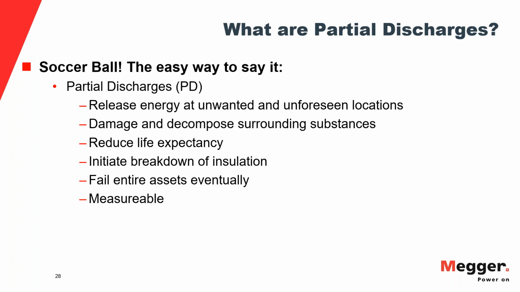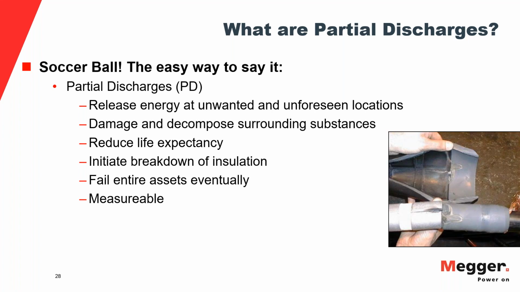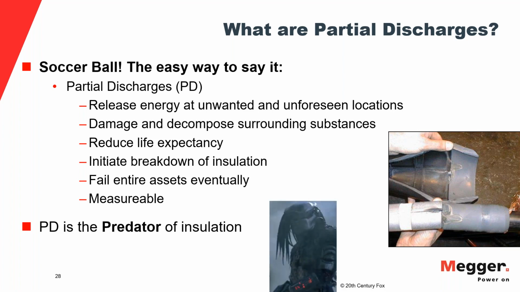It initiates breakdowns in the insulation until the asset completely fails, and then you have a cable fault. And thank God it's measurable. Otherwise, this would be a very academic topic if we couldn't measure it, right? So the key here is that for field testing, it is measurable. And so you can pretty much summarize that partial discharge is the predator of insulation. And the predator, this guy, right? You remember this guy. So PD is doing what this guy was doing in that movie.